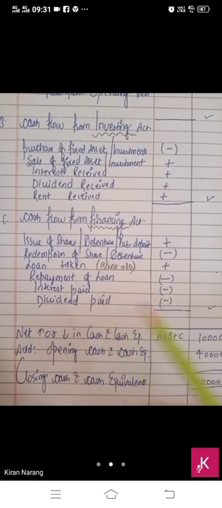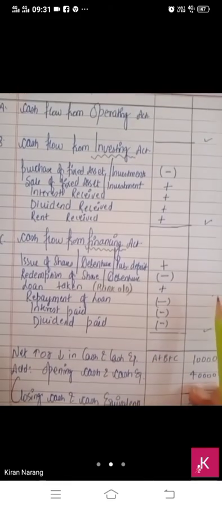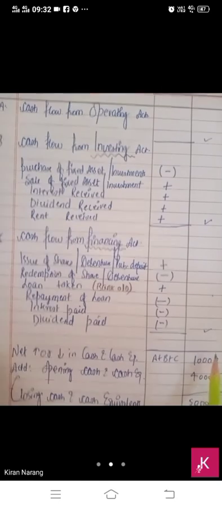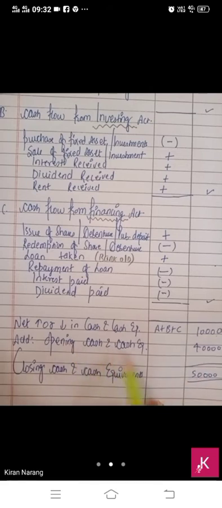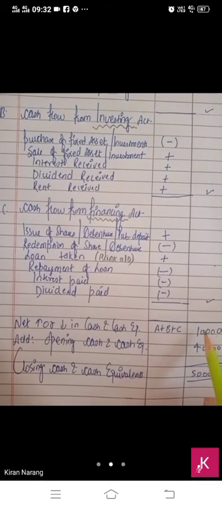Interest paid, dividend paid, minus. So this will be the answer of C head. Then we have to total A plus B plus C. It should be the difference of opening and closing cash and cash equivalents. Opening and closing cash and cash equivalent are given in the question. Their difference should be the total of A plus B plus C.